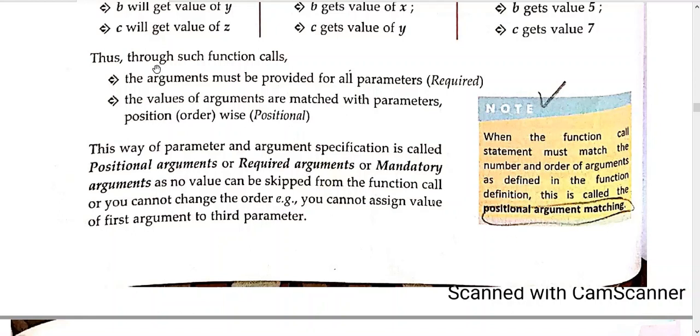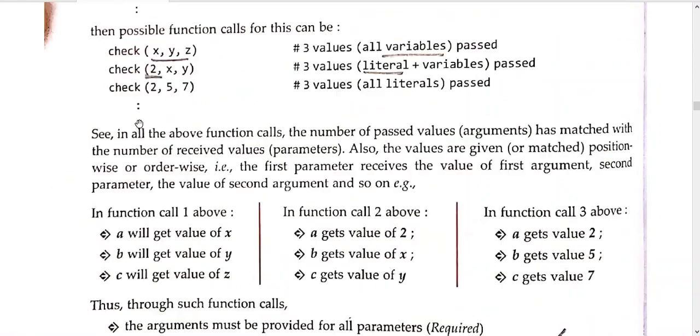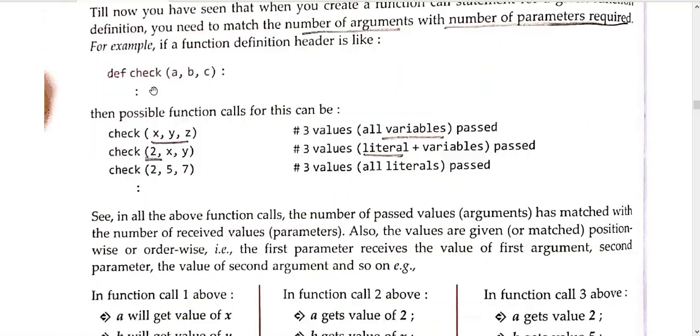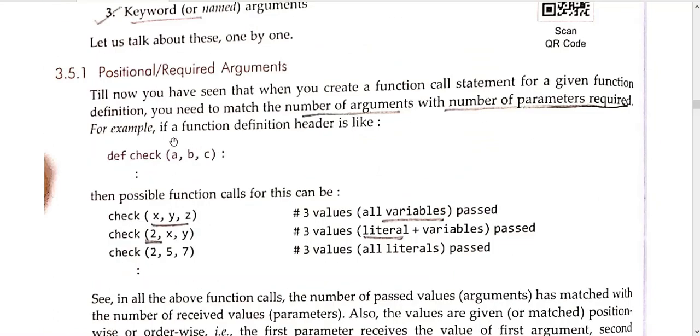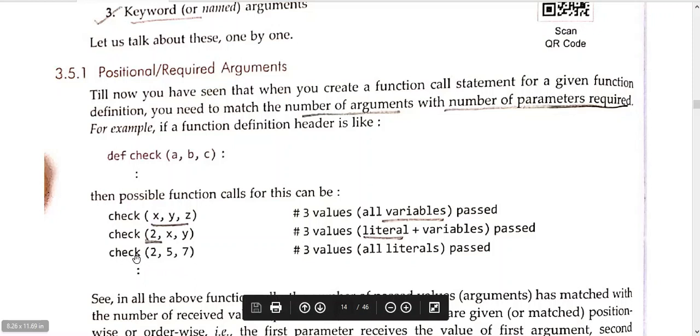So when this function call comes, what is being matched? The number of arguments first, and the position. Firstly it will check that 3 arguments should be passed, and here in the function call also 3 are given, then it is okay. If this is not so, then the function definition will not accept the values being passed through this function call.